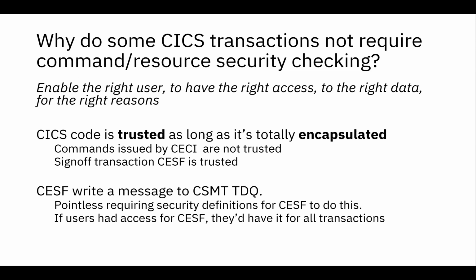So you have to authorize every single user of the sign-off transaction, which is basically everybody, to write to a TD queue. And if you've done that, you've given everybody access to write to that TD queue from everywhere. So that's not particularly secure, because somebody can just write random messages to that TD queue.